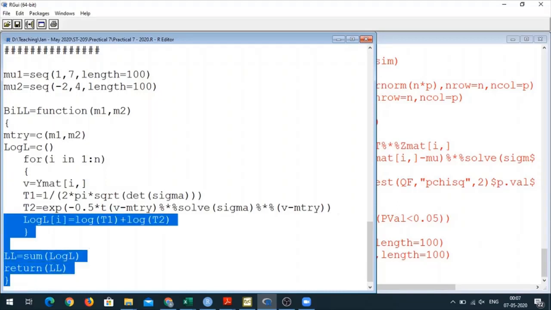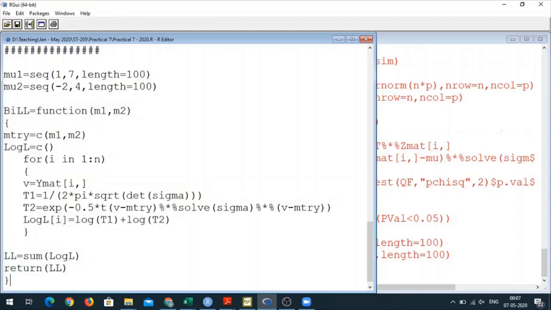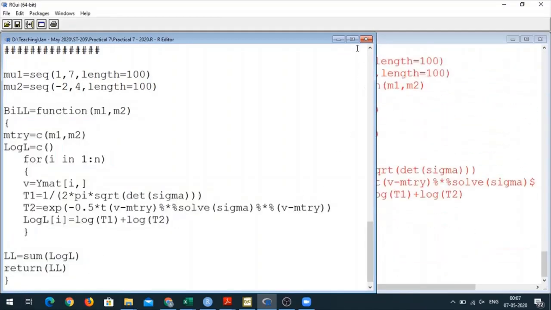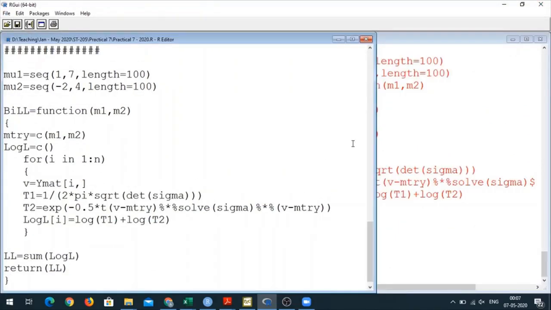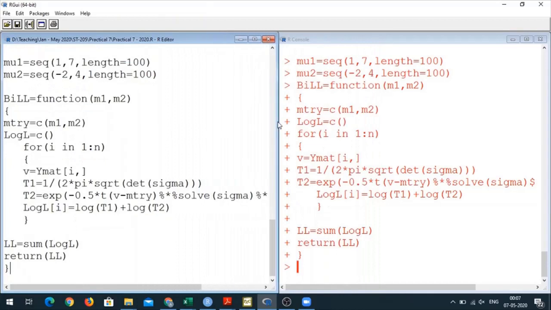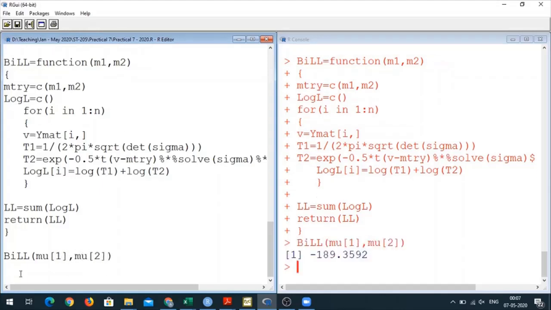Okay, so let me try to run this first for one or two illustrations. If I run LL at my actual mu, I should get some value.